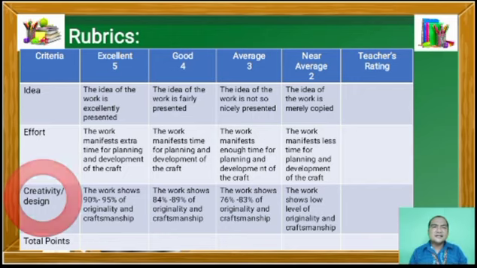Creativity and design, 5, or excellent if the work shows 90% to 95% of originality and craftsmanship. Total 15 points. Alright? Submit your work during the distribution and retrieval of your self learning modules.